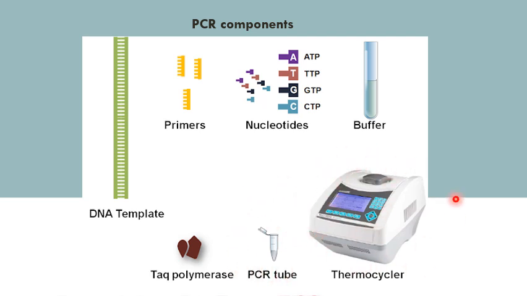You can also use a thermocycler that has developed heating blocks that will put the optimal temperature on time, and it will reduce the overall reaction. And for sure, for all of these components, you need to add a buffer that will maintain the pH and the optimal conditions for the whole PCR assay.